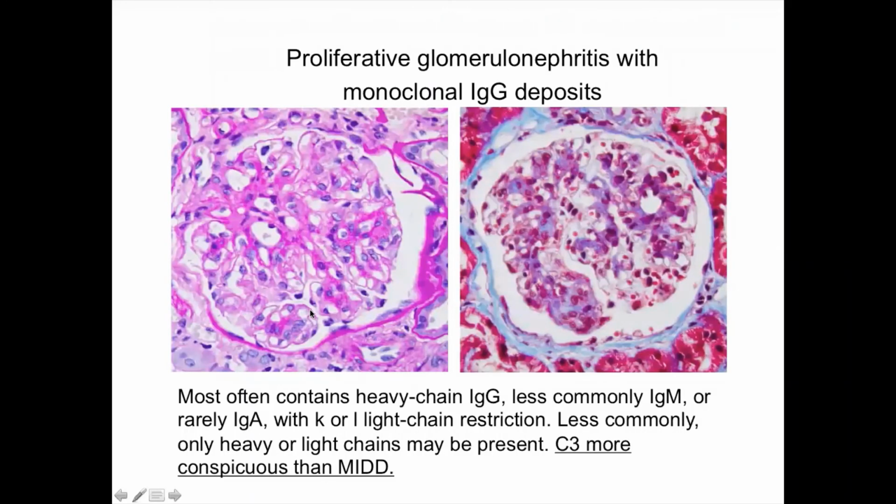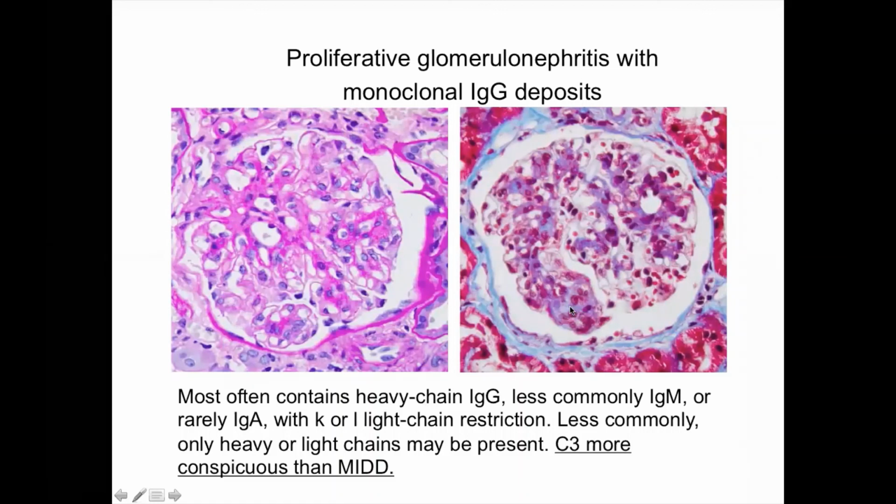As you see here, this is a trichrome, and the trichrome helps us in seeing the lumen of the glomerular tuft, and over here we can see that it's obliterated, we have endocapillary hypercellularity.